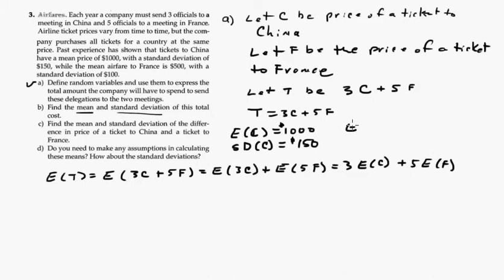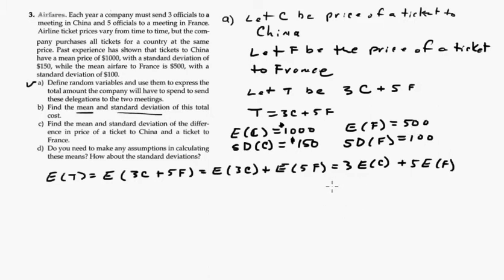And the expected value of F is 500, a trip to France, and the standard deviation of F is equal to $100.